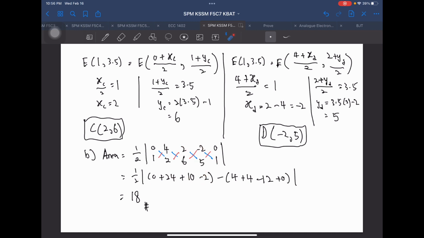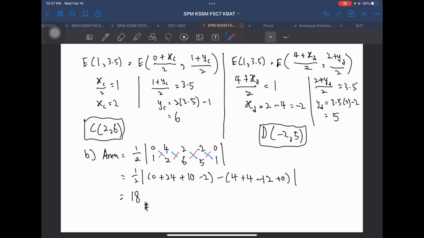Minus this: 1 times 4, 2 times 2, 6 times negative 2, 5 times 0. So 4, 4, negative 12, 0. So sum this minus sum this. You got 18. Press your calculator.